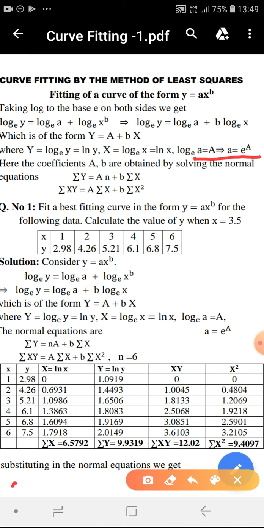Once you get small a, you already have small b.